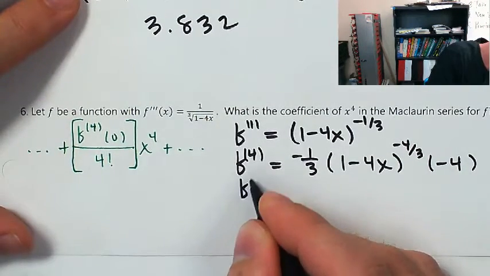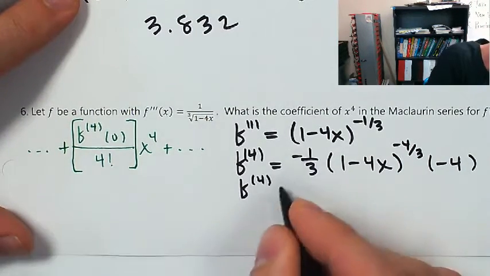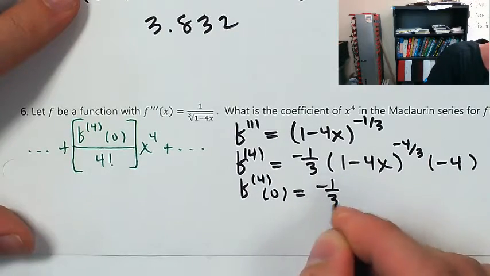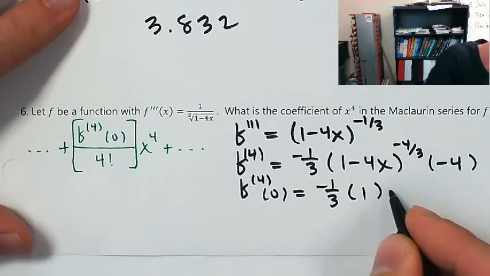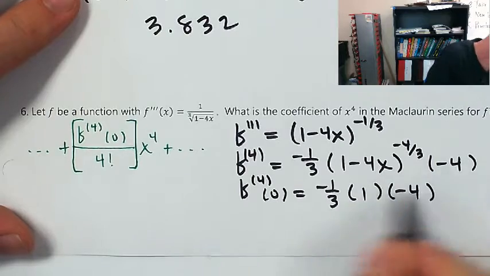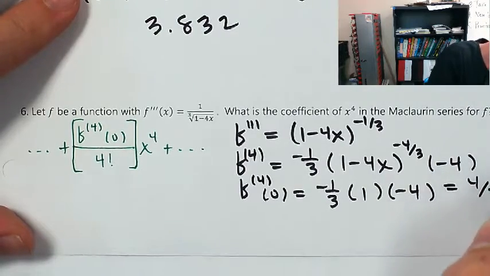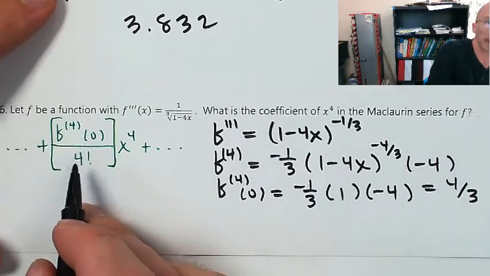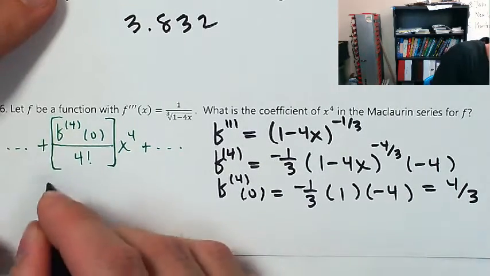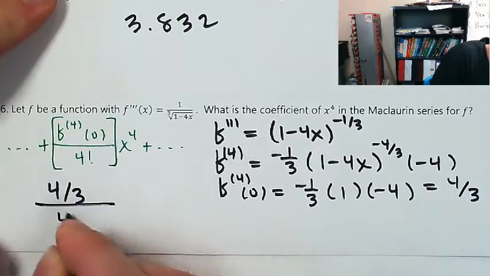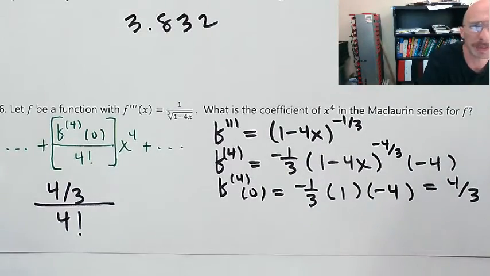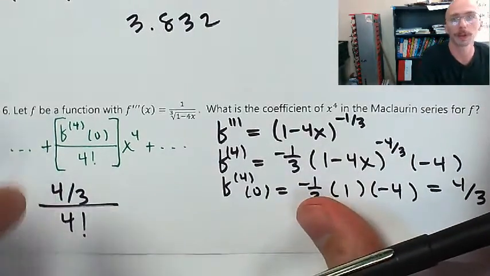When I plug in x equals 0, because that's what I'm going to need over here, I'm going to have negative 1/3 multiplied by some power of 1, which is always going to be 1, and multiplied by negative 4, so that's equal to 4/3. So that coefficient is going to be 4/3 divided by 4 factorial. If you wanted to say that that was, I don't know, 1 over 18, maybe, you can, but I'm not going to. I'm just going to stop there.